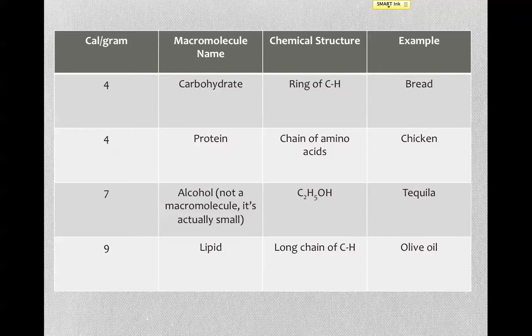These long chains allow for a heck of a lot more carbon and hydrogen to be shoved in a very small space, and because of that, there is a lot of energy stored in those carbon and hydrogen bonds. That is why there are 9 calories per gram in a fat compared to only 4 calories per gram in a carbohydrate.